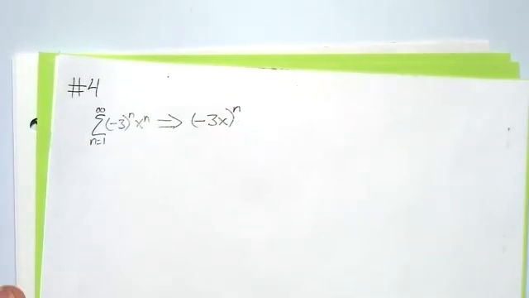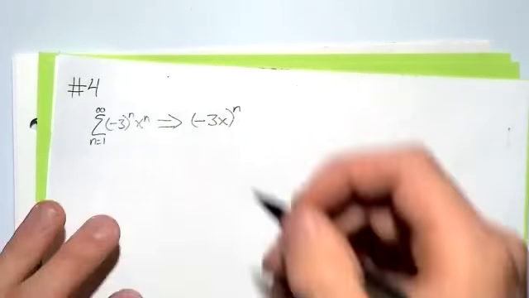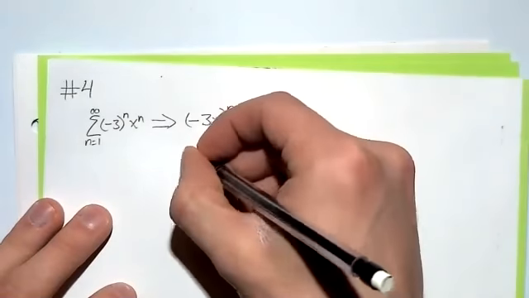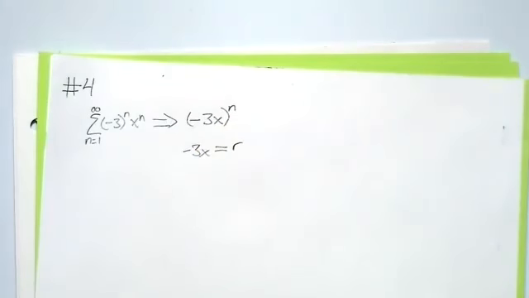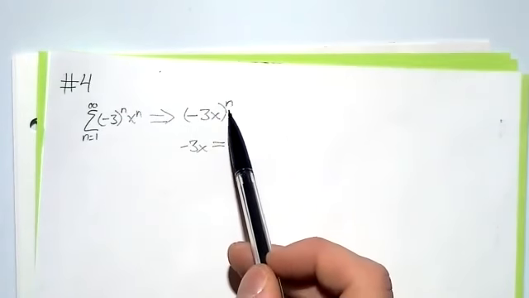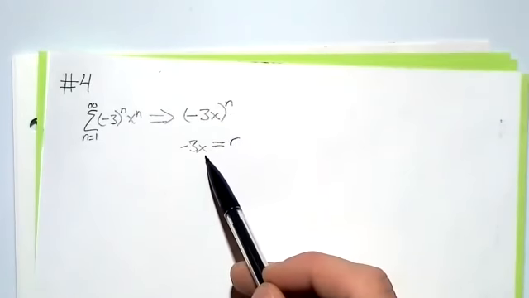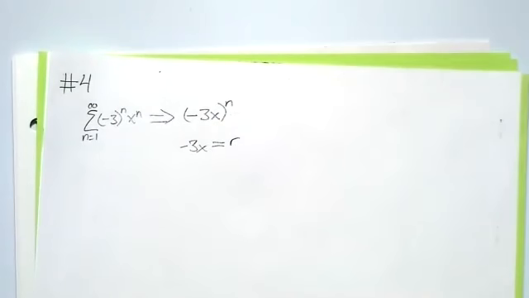So now we need to think about what we have going on. Well, -3x is going to be our ratio because that's consistent in every single term, since we're taking that to the nth power. So r equals -3x.